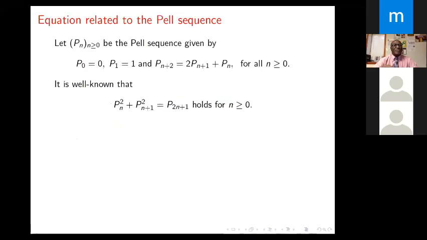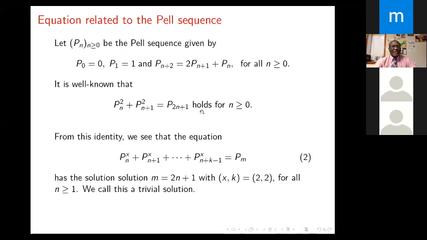Then we ask ourselves, okay, can we do the same thing with the Pell sequence? So to remind you, the Pell sequence is defined by that. One well-known property is that Pn squared plus Pn plus 1 squared is P index 2n plus 1.